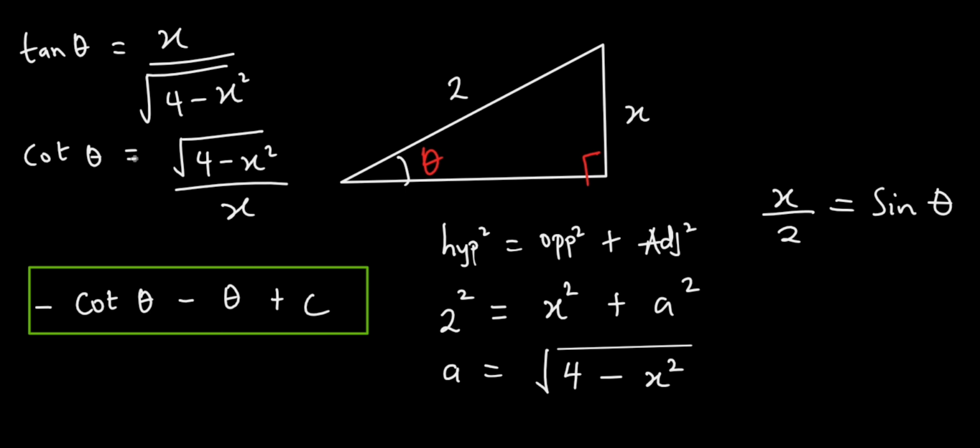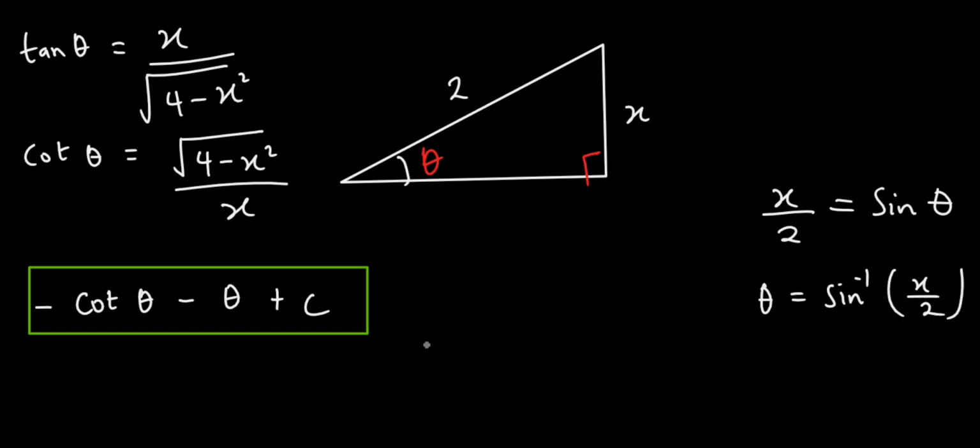So we found cot theta with a variable that has x. So how about theta? We notice from here that x over 2 is equal to sine theta. So we can just take the inverse. So we can say theta is the same thing as the arcsine of x over 2.